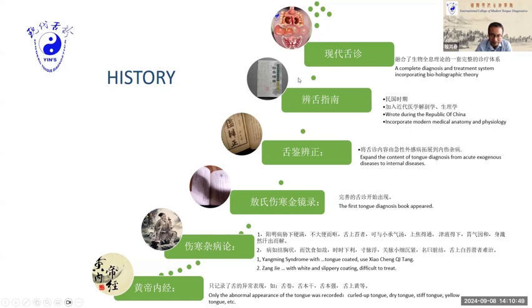And when time goes to the People's Republic time, tongue diagnosis also had great development. So until now, a new tongue diagnosis has appeared. We call it modern tongue diagnostics. This is a complete diagnosis and treatment system, incorporating bioholographic theory, and of course has many of my own discoveries in it.